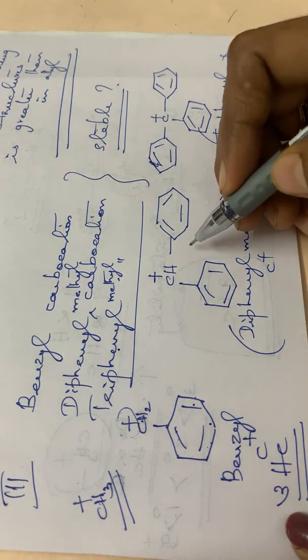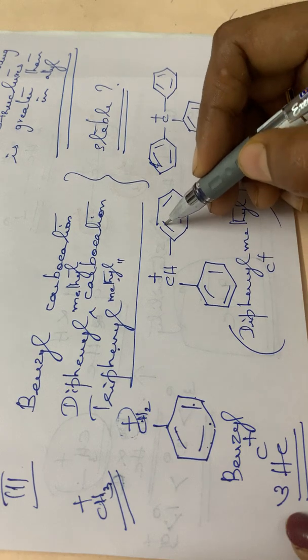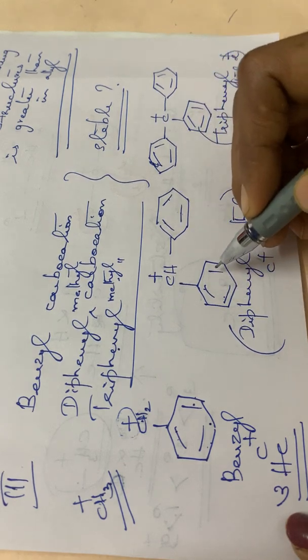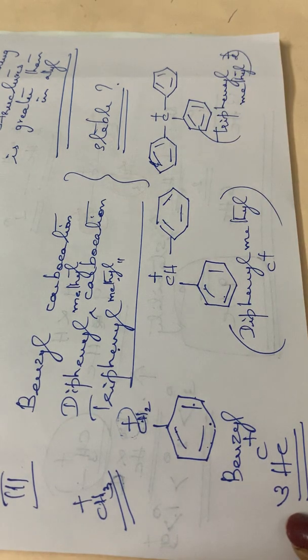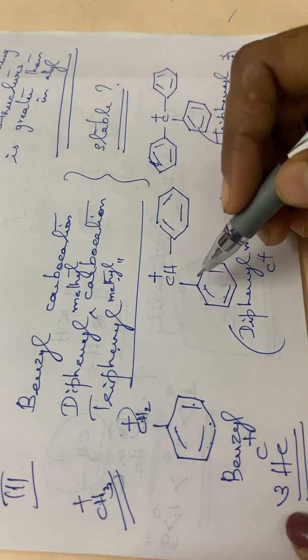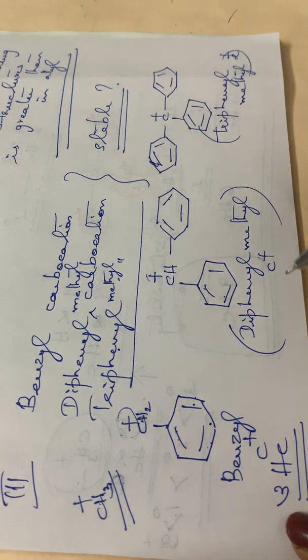In the case of diphenyl methyl carbocation, how many double bonds are there? 1, 2, 3, 4, 5, 6. 3 and 3, so a total of 6 double bonds, and these will be in delocalization with the positive charge. So it will have 6 hyperconjugative structures.